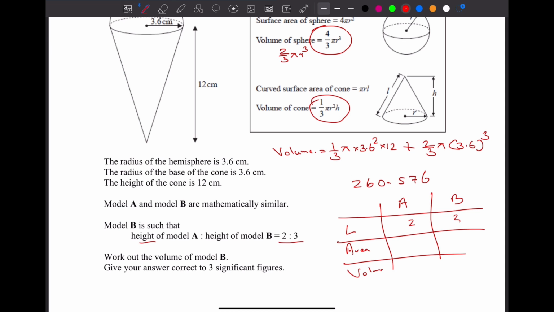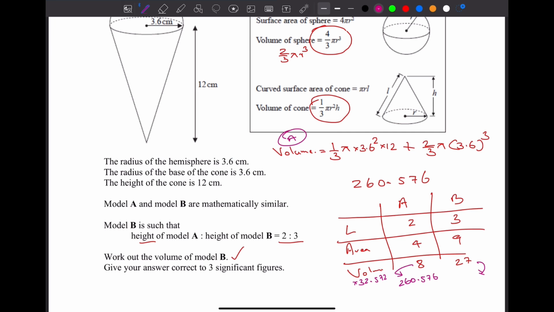So 2 and 3. 2 squared is 4, 3 squared is 9, 2 cubed is 8, 3 cubed is 27. I don't really need the area, but I do need the volume. So this is model A, I'm guessing. Model A volume is 260.576, so 8 goes to that one. 260.576 divided by 8 is 32.572.